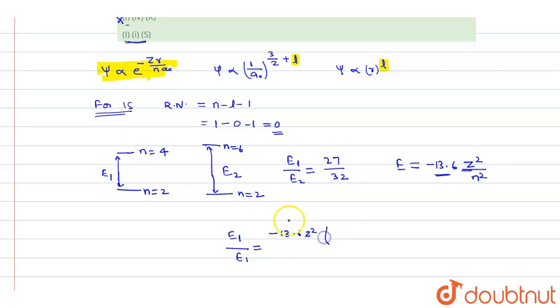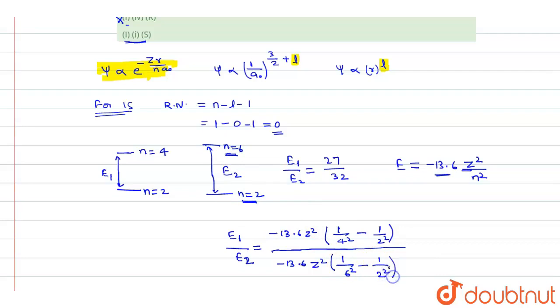For n equal to 4, 1 upon 4 square, and for n equal to 2, 1 upon 2 square. Now we will see for E2, minus 13.6 Z square. For n equal to 6, 1 upon 6 square, minus for n equal to 2, 1 upon 2 square.